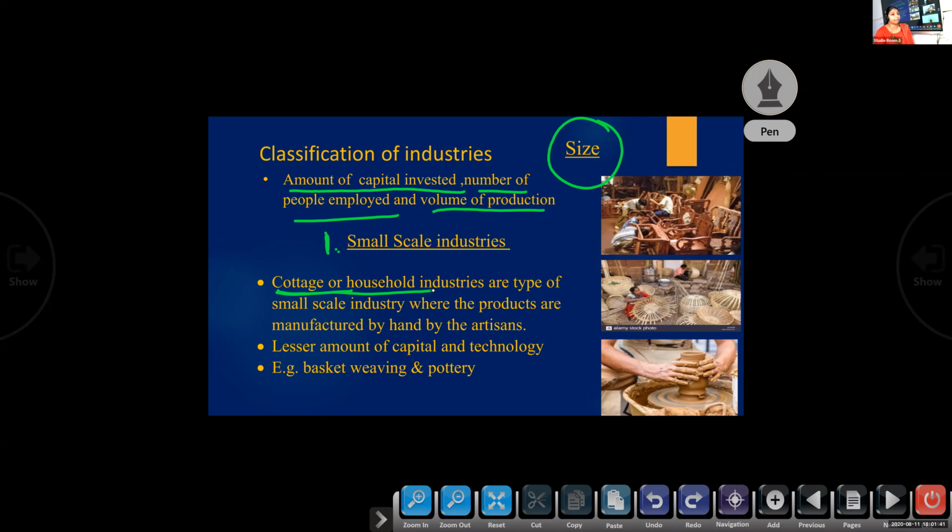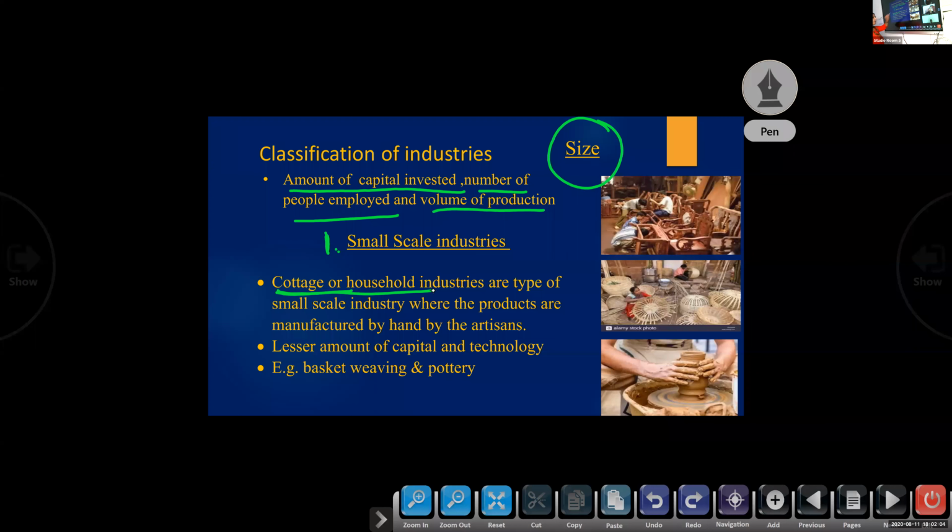They're not using heavy machines. Less capital, lesser amount of capital invested. For example, basket weaving, pottery making, toy making. These are the examples of cottage or household industries.